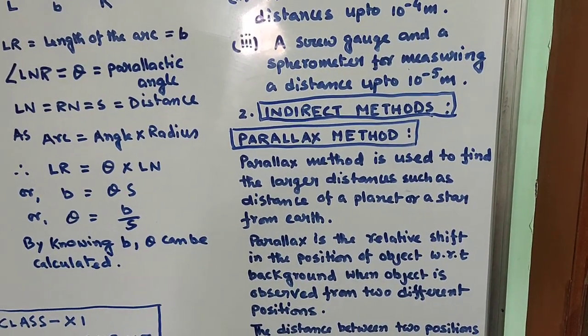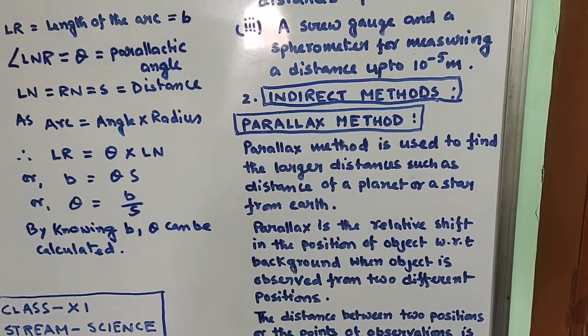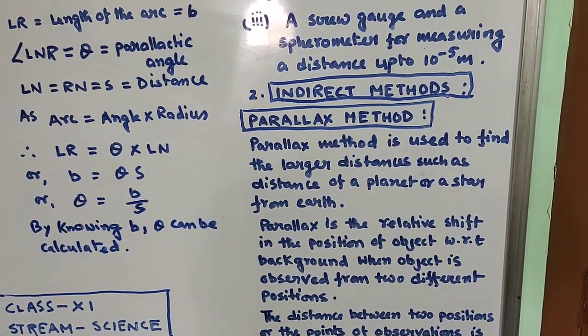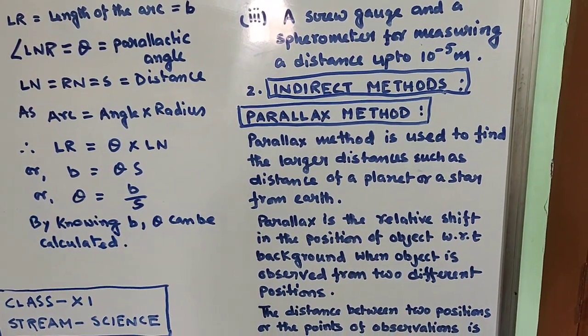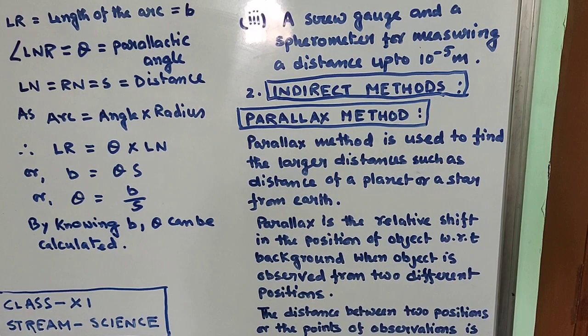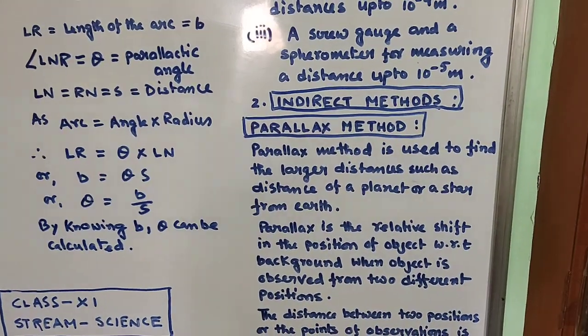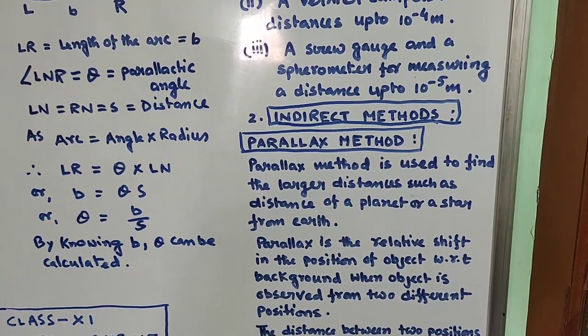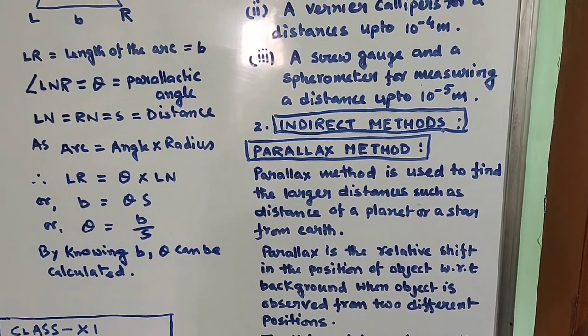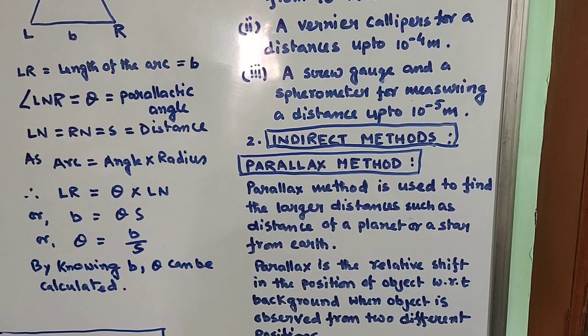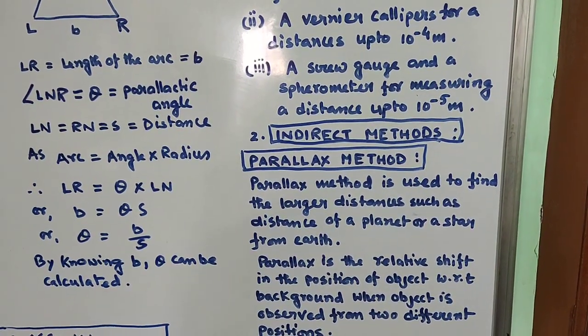Now how? Let me read out that second part. Parallax is the relative shift in the position of an object with respect to the background when the object is observed from two different positions. Suppose you hold a scale or pencil in front of your eye, and definitely there is a background behind that object.